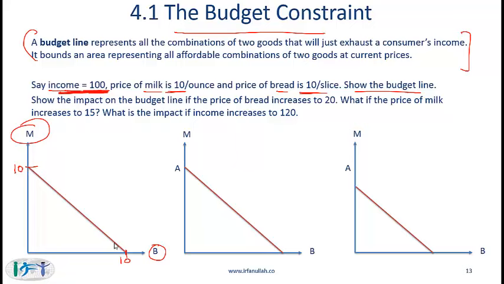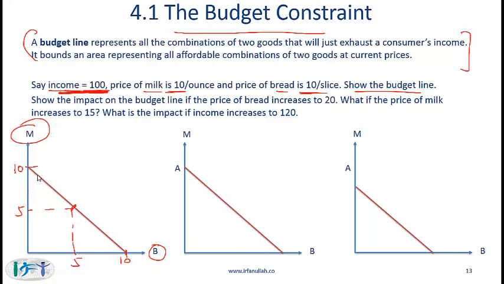Other points on this line represent the various choices that he can make. So this point over here, for example, would be 5 and 5. A consumer might decide to spend half his money, 50, on milk, which means that he'd be able to get 5 ounces of milk, and the other half on bread, which would mean that he could get 5 slices of bread.